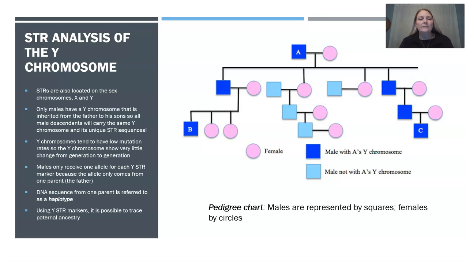Remember, short tandem repeats. And the Y chromosome is only inherited from the father, right? Because you gotta be a male to have that Y chromosome. So that father passes down his Y chromosome to all of his sons, and then they pass that down to their sons, and it just keeps going and going and going, right?